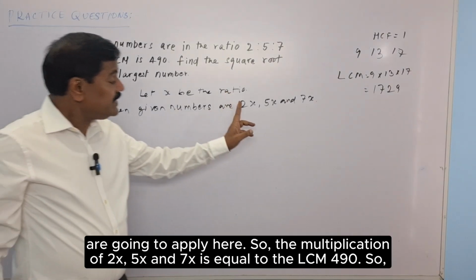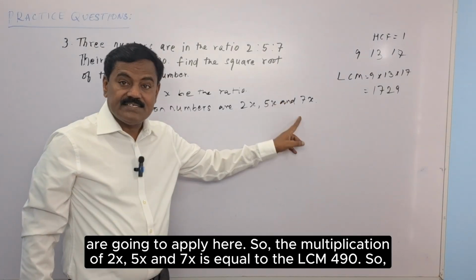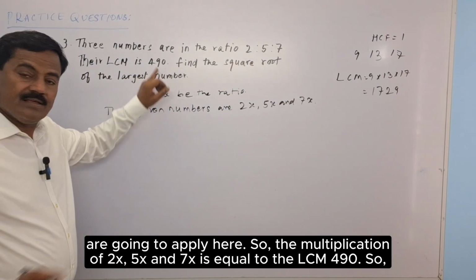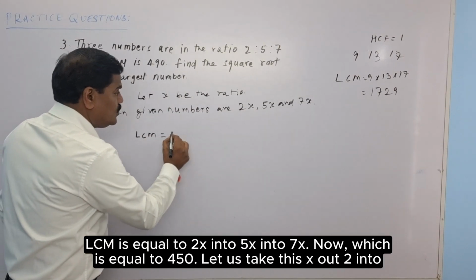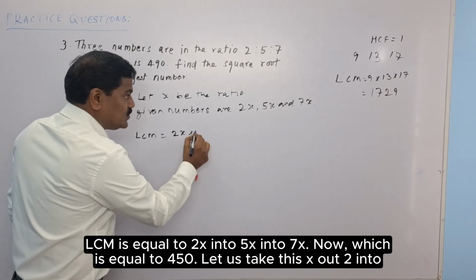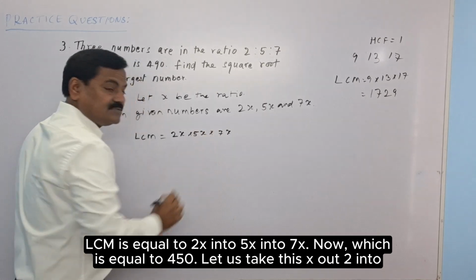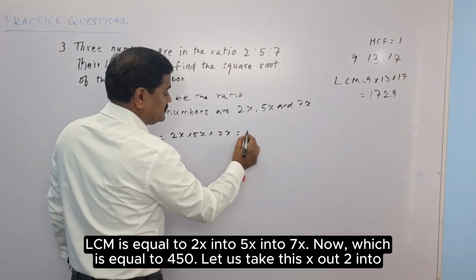Okay. So the multiplication of 2x, 5x and 7x is equal to the LCM 490. Okay. So LCM is equal to 2x into 5x into 7x. Okay, now which is equal to 490.